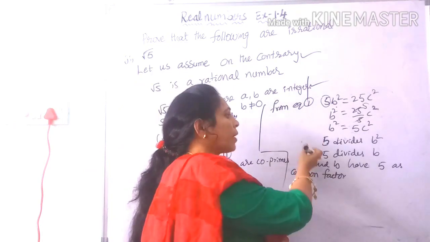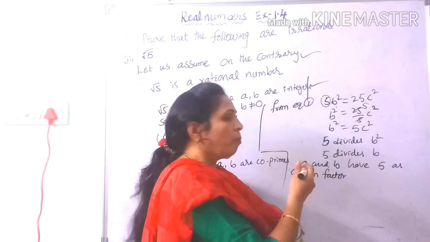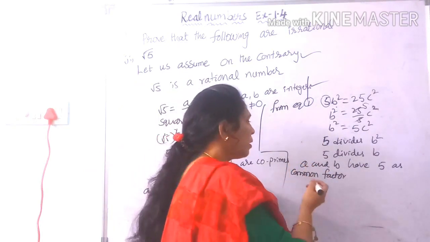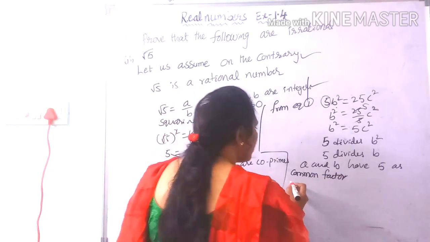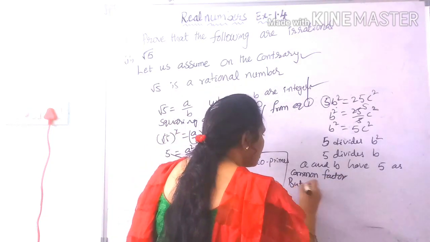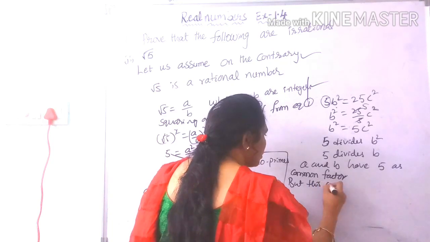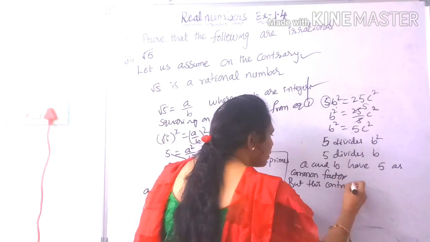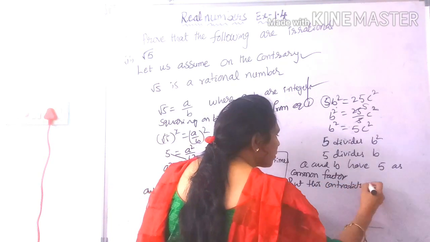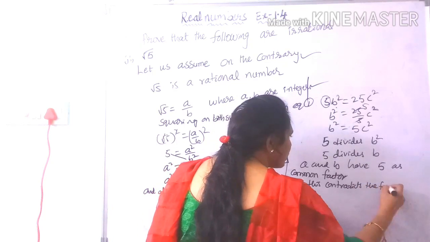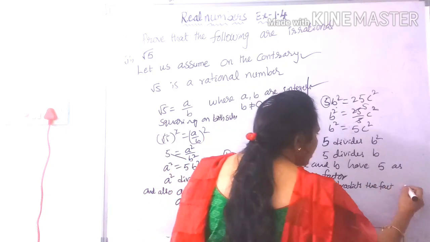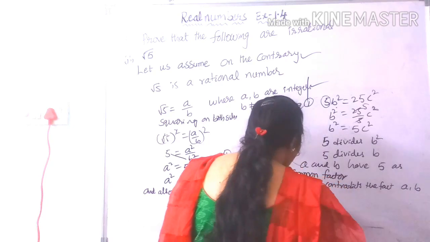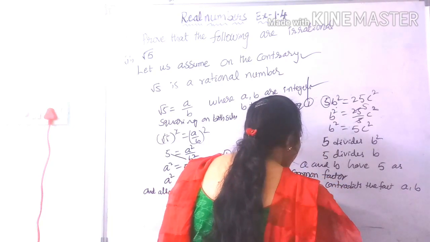It contradicts the fact that a, b are co-primes.